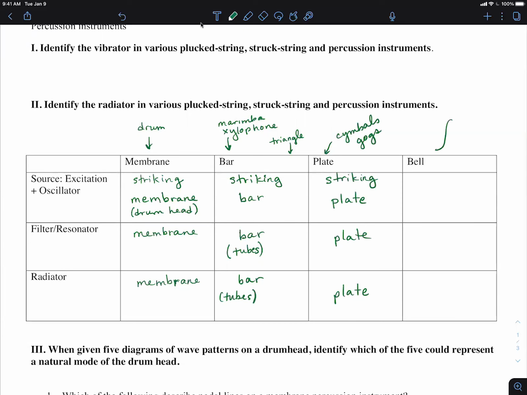Bells have this shape to them for an important reason. They are usually struck. There's usually a striking device inside the bell. The bell is the oscillator and the resonator, and I'm sorry, the radiator are all the bell.